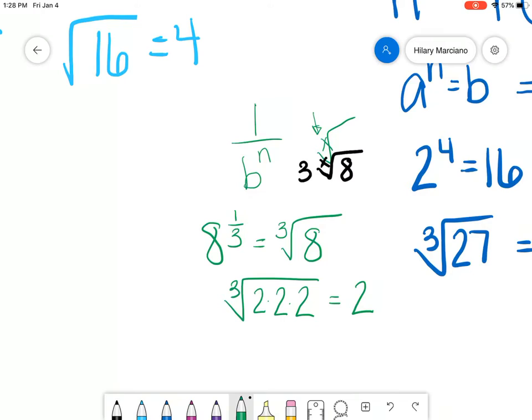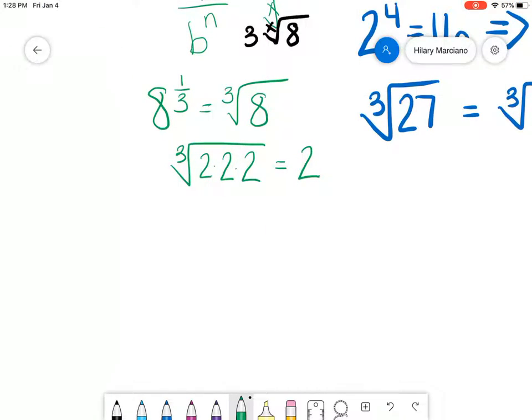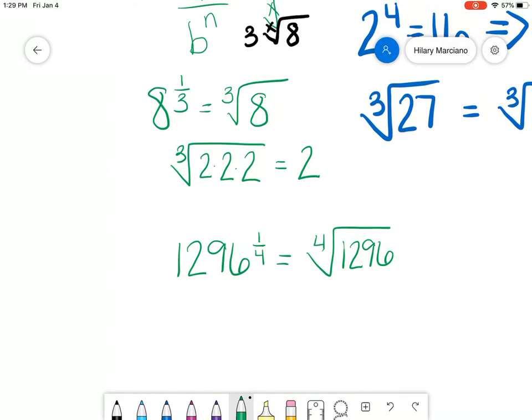We can do that with any other number that we put under there. We could use 1,296 to the 1/4 power. So we're going to write that as the 4th root of 1,296. Again, we don't need this little 1 over here, but it's imaginary. 1,296 to the first power is still 1,296.